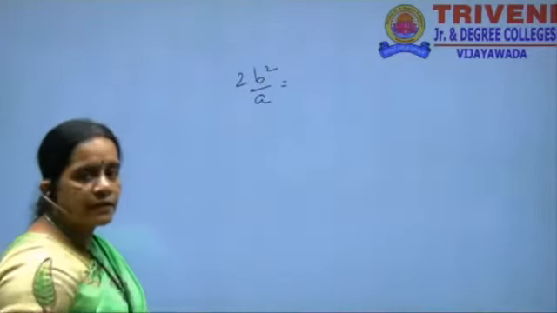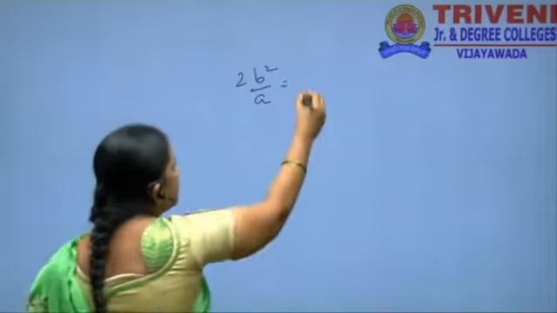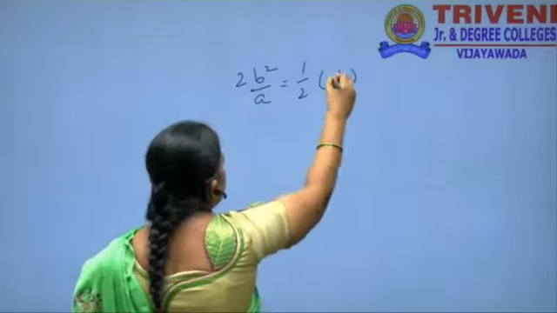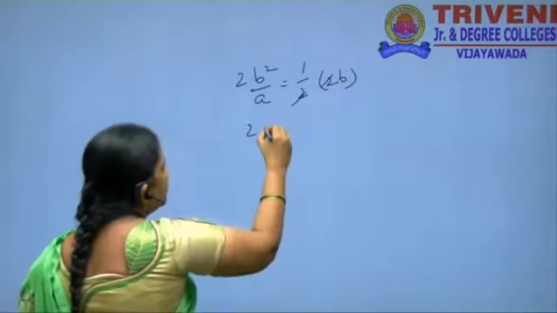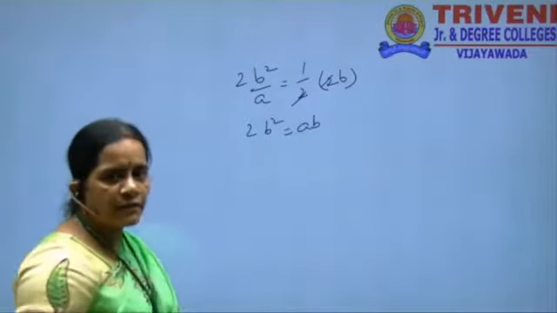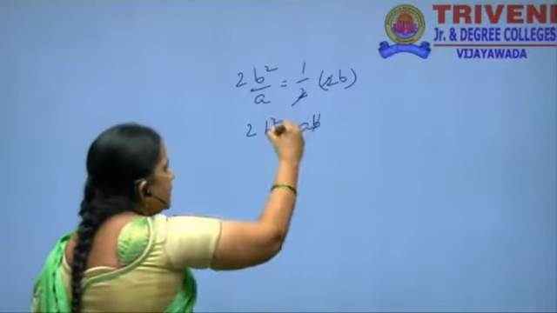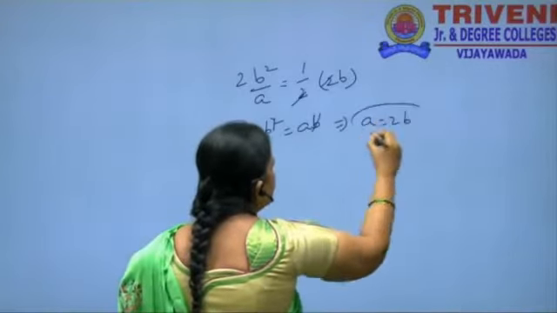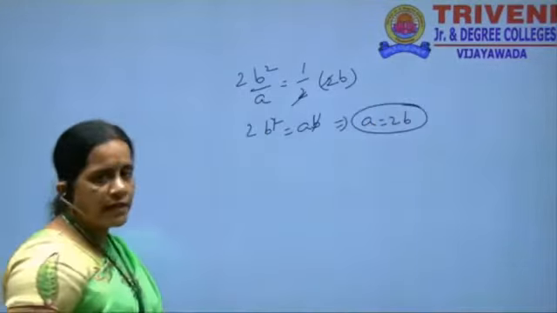Half of its minor axis means 1 by 2 into 2b. Here 2 gets cancelled. 2b square is equal to ab. Here b also gets cancelled. Then we get the value of a is 2b.